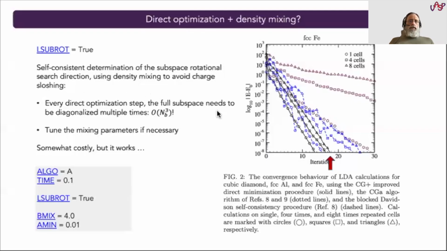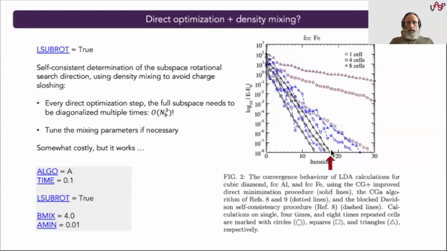To do this, the full subspace needs to be diagonalized multiple times for each and every direct optimization step. And like we said, this subspace diagonalization in the full subspace is costly, right? Diagonalization scales cubically in NB, the total number of bands. So this is the price that one pays. But then one can use a direct optimizer and still use density mixing to get rid of charge sloshing.